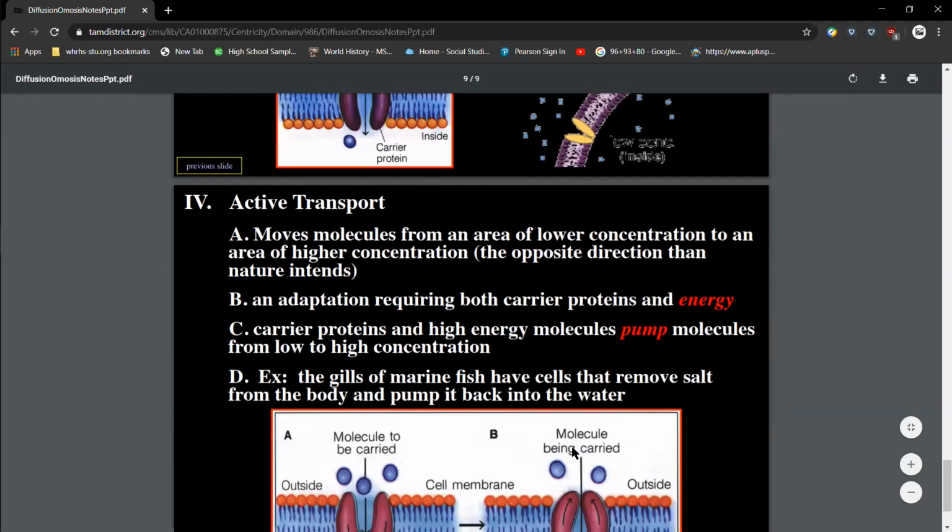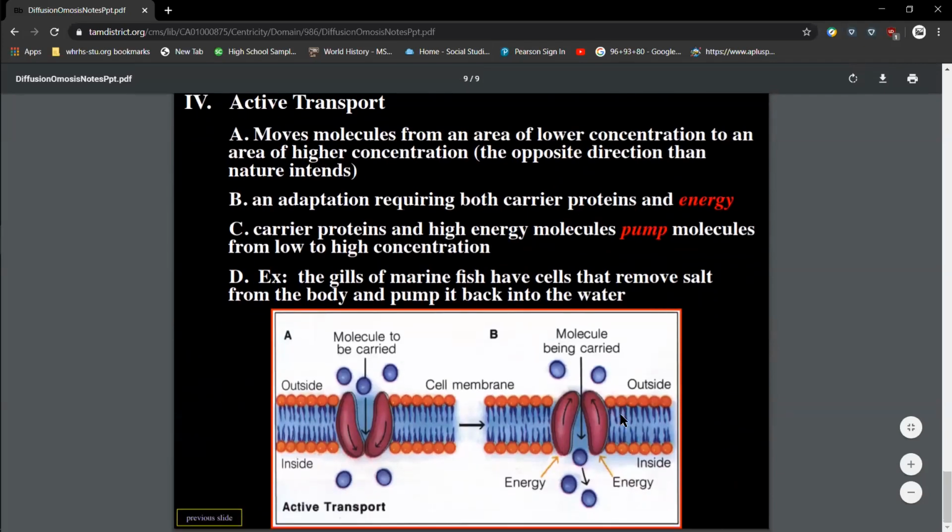Now, active transport. Active transport requires energy. It moves molecules from an area of lower to an area of higher concentration. Remember, this is the opposite of what we want, which is to go from higher to lower concentration, because that's what's natural.